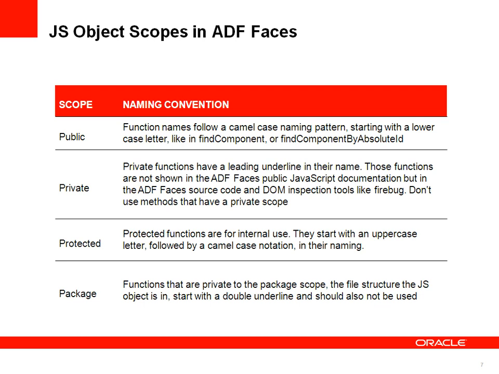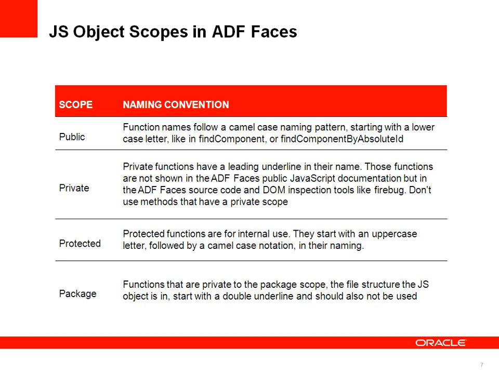So things like find component or find component by absolute ID, these are public APIs that are good to use in custom application development. Then there are private functions. Private functions all start with a leading underline in the naming. So the convention is everything that has a leading underline in the naming is private. Now that could be a private function or private attribute.